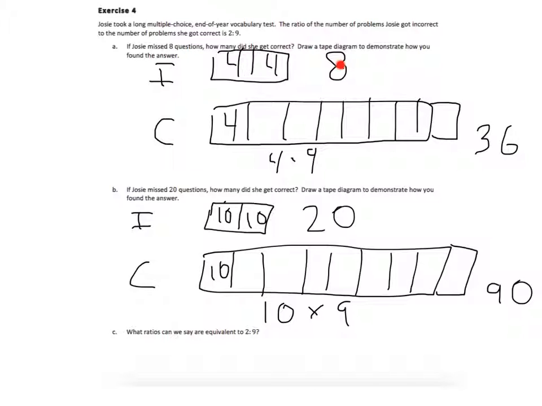We have 8 to 36 and 20 to 90. These are equivalent ratios because they represent the same tape diagram of 2 to 9.